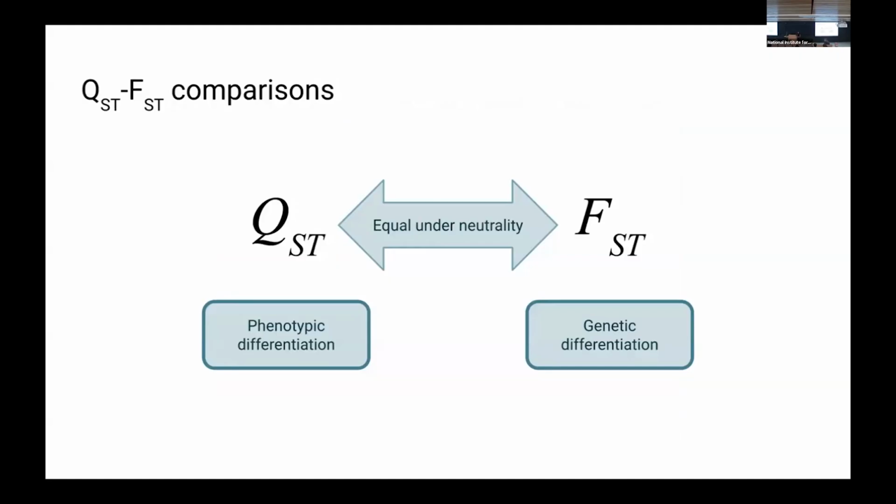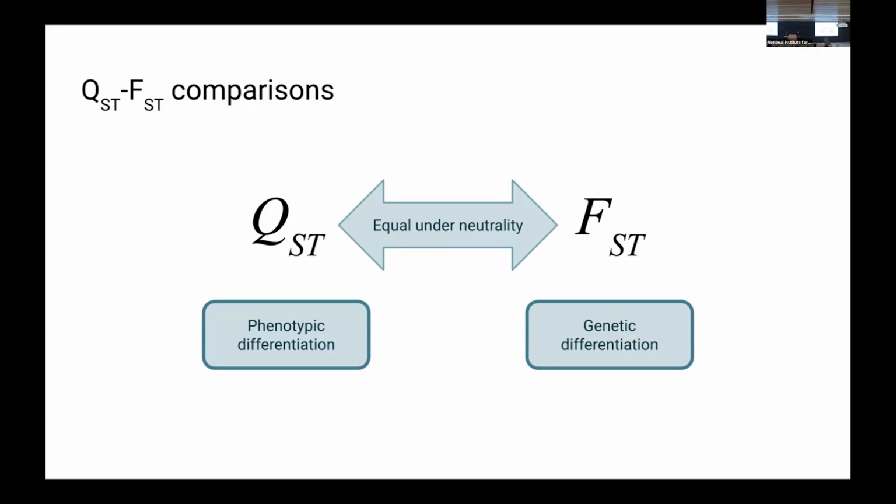QST-FST comparisons have been a major framework for comparing those differentiations. We often rely on FST, also a statistic due to Wright, which measures genetic differentiation. For measuring phenotypic differentiation, we rely on another statistic, an analog of FST called QST.